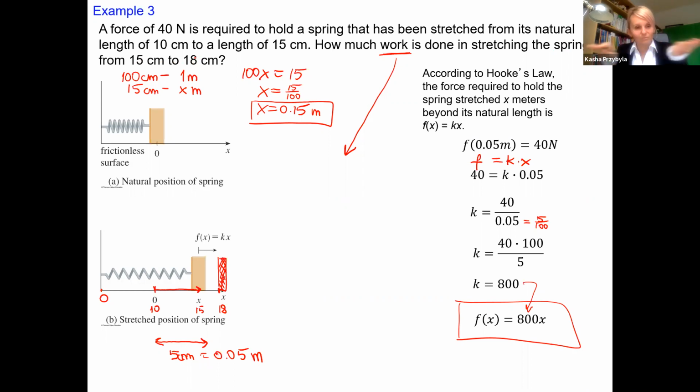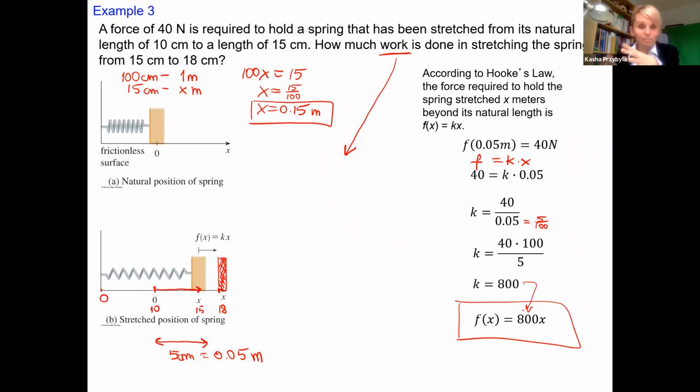And the force is, oh my gosh, if I would like to draw this line, 800x, such a big slope. But I have to evaluate from 15 to 18.